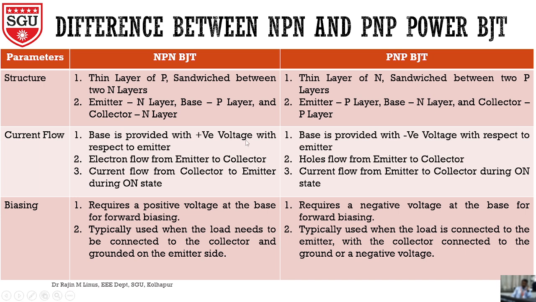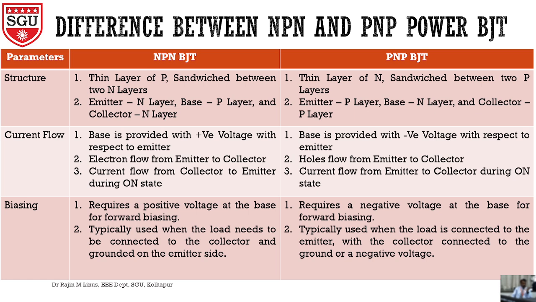As far as the current flow is concerned, the base is given a positive signal with respect to the emitter. For example, in the NPN transistor, the base is connected to the P layer. Therefore, to make the junction forward biased, the base is connected to a positive voltage.